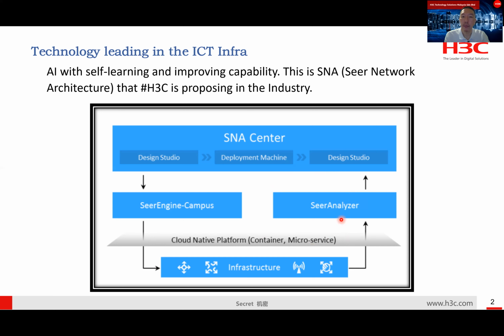I always give a very simple example: if you cannot connect to the network, it may be your device issue, the Wi-Fi access point issue, the switch issue, or the gateway or the DNS server, or even the internet gateway or internet access. So how can you analyze all these complicated scenarios and data and decide which part is going wrong, and drive some of the solution automatically through the SNA center to the engine and change the config? This is the merit and the miracle of the technology, how it automates the overall process.